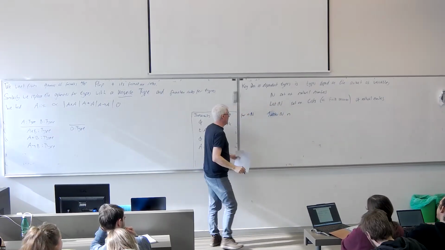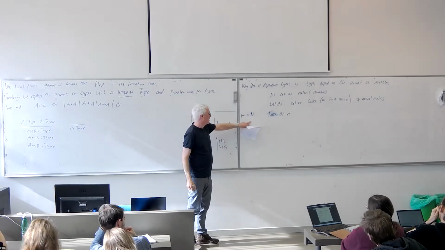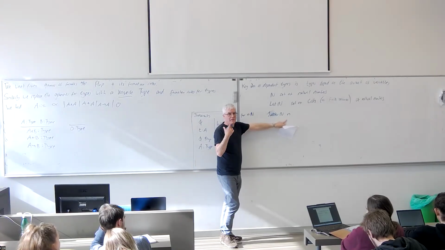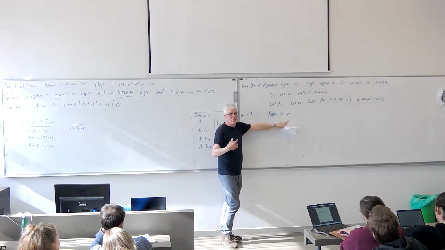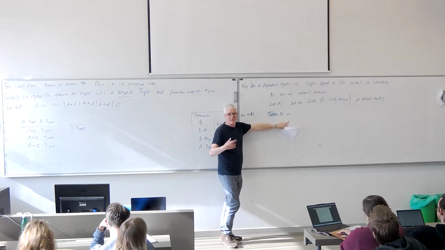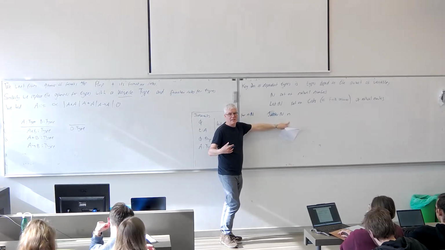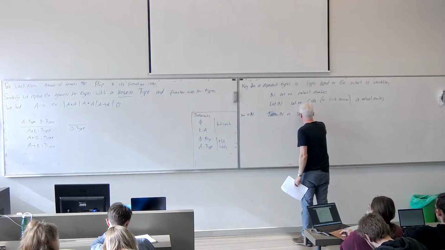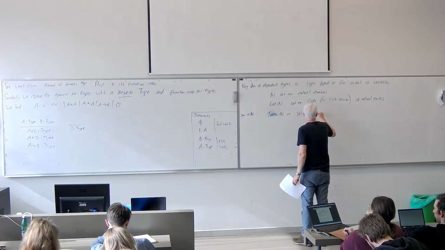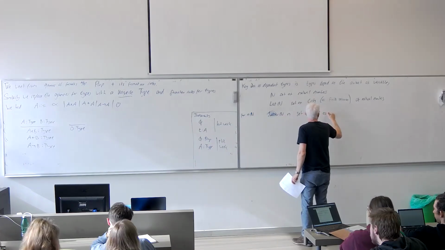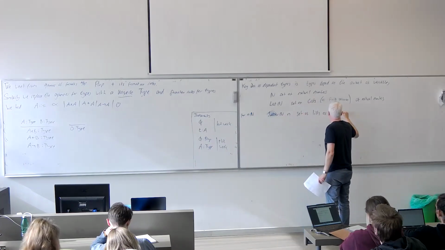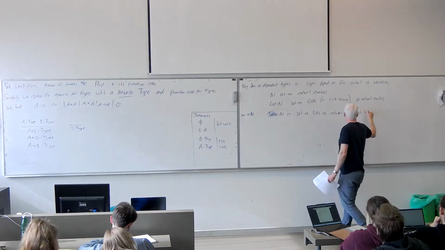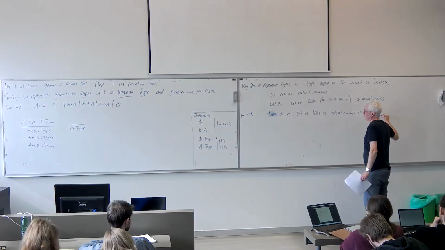If n is itself a natural number, this is going to be the set of n-dimensional vectors of natural numbers, or another way of thinking of that is lists of natural numbers of length n, or words of length n. So this is going to be the set of lists of natural numbers of length n.